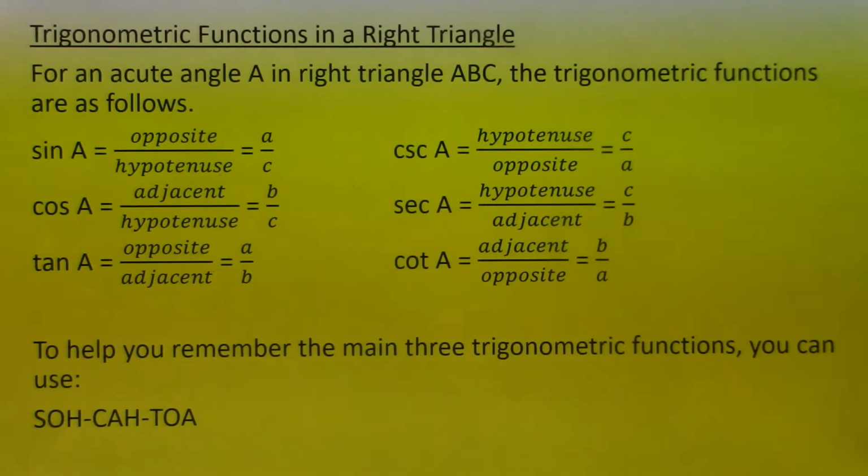And basically, if you're dealing with capital A, normally the side opposite of capital A would be lowercase a. So that's why every time there's an opposite, there's a lowercase a across from it. Opposite, lowercase a. They kind of go together.